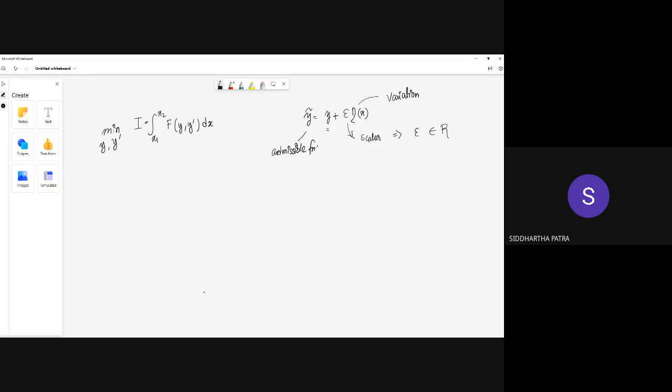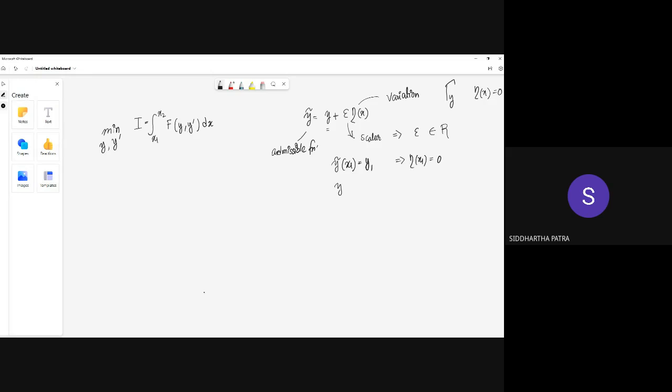So functions which qualify to be a candidate for the solution to this problem. And what are the qualifications? That it satisfies the essential boundary conditions, that is, eta of x should be 0 on gamma, or if it is given that y tilde at x1 is y1, that implies eta at x1 equals 0.